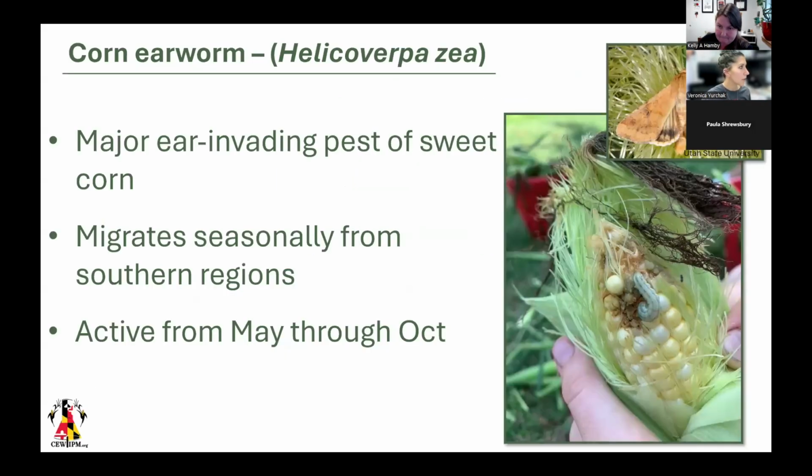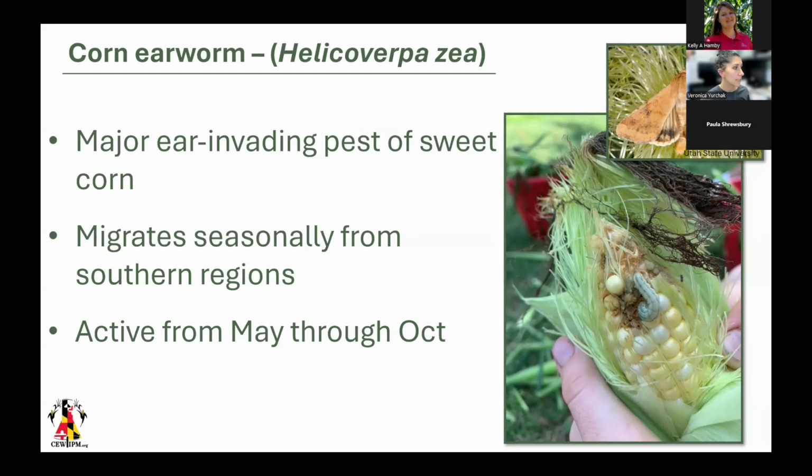Here we go. So just as a quick overview, as we all know, corn earworm is the major ear-invading pest of sweet corn. It migrates seasonally from southern regions, so it begins building up its populations in the south, and then it moves up north as we get later in the season, mostly on storm fronts.